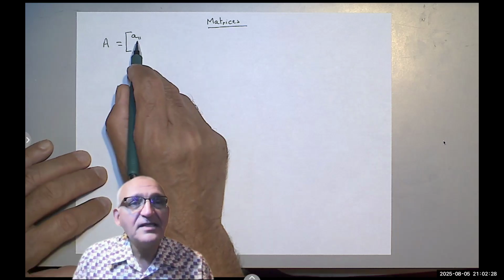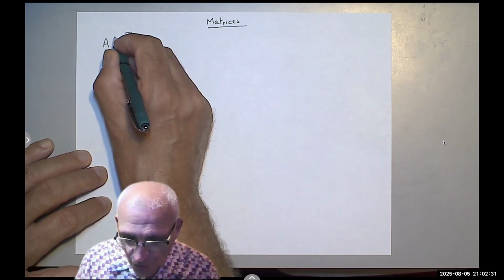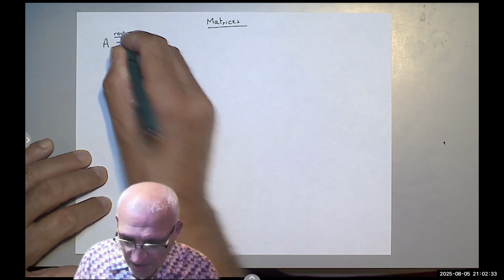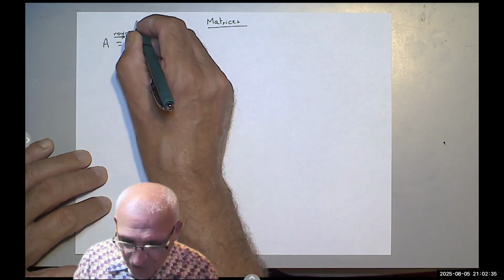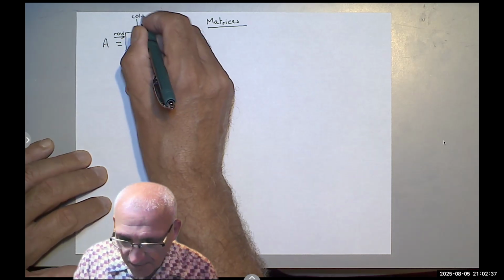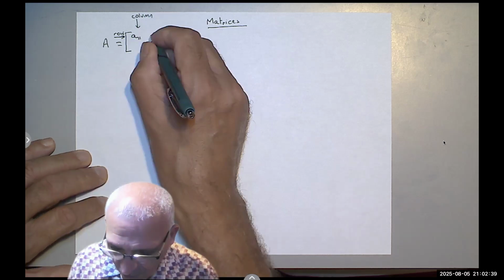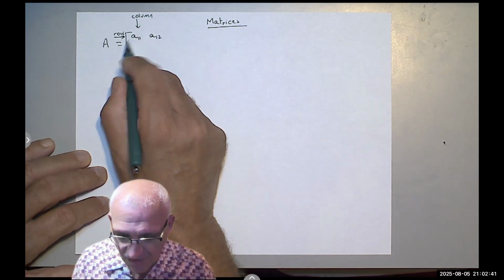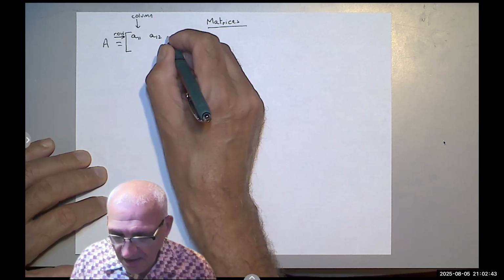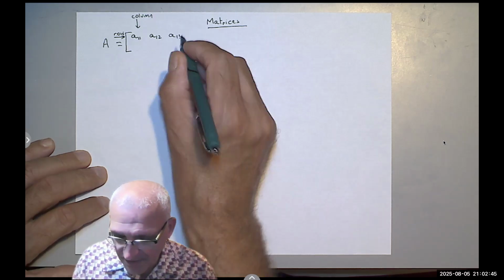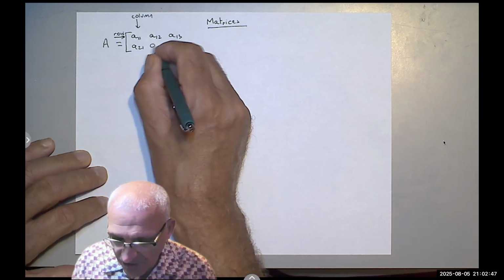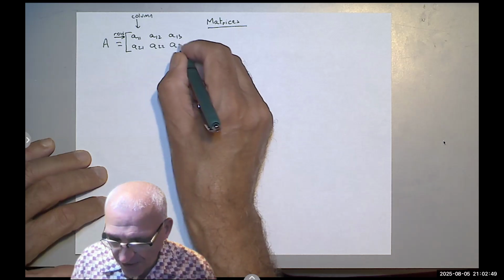The first number refers to the row number. This is a row. The second number refers to a column number. So I have A12 because it's the first row, second column, A13, for example, and then A21, A22, A23.